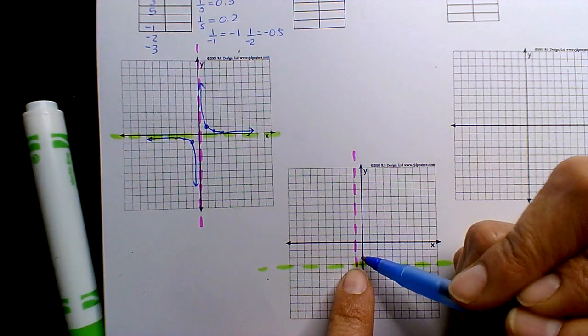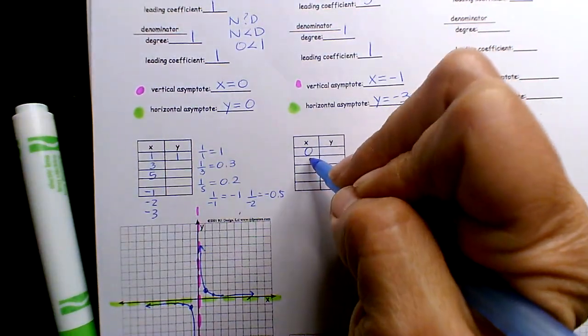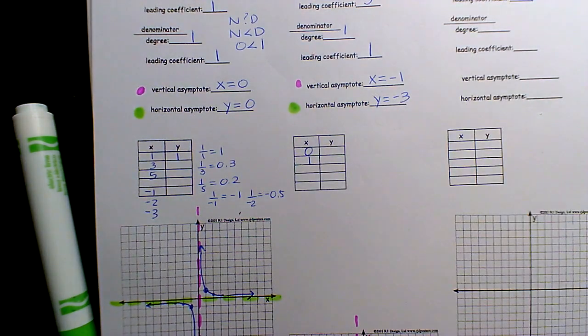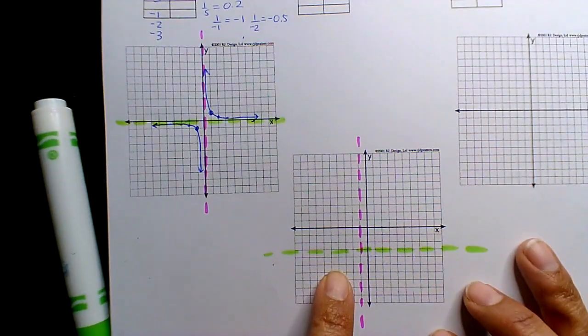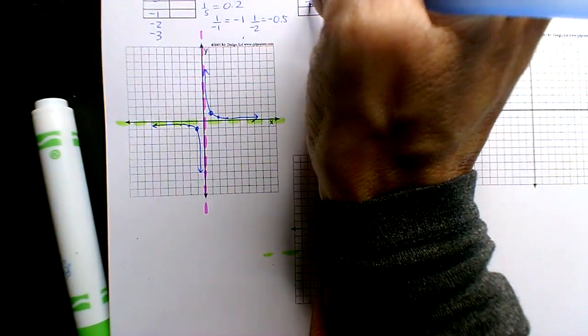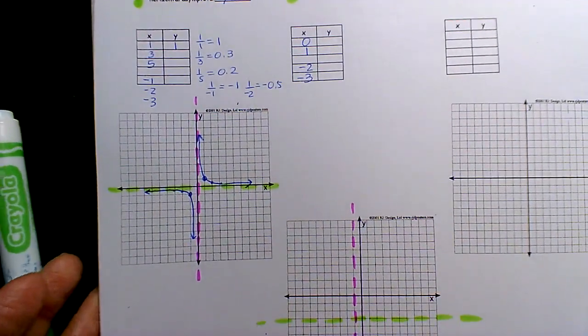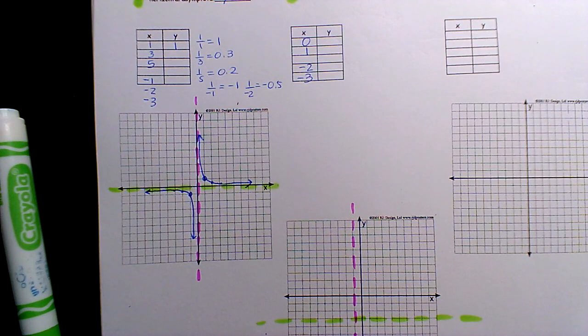If you're at negative 1, you could pick 0 and 1, and if you want another one, pick 2. For quadrant 3, you can pick negative 2 and negative 3 and just substitute, and that'll give you your curvature.